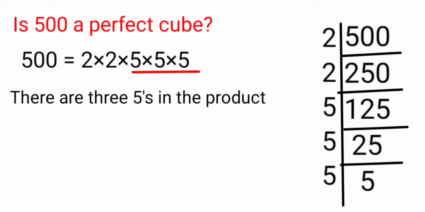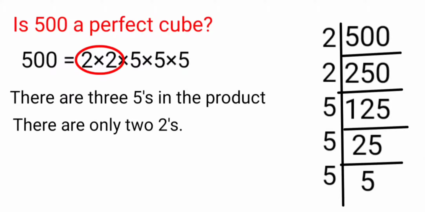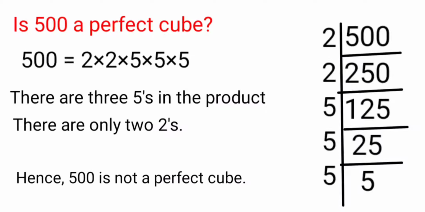There are 3 fives in the product, but there are only 2 twos. So 500 is not a perfect cube. Here 5 is in a triplet, but 2 is not in a group of 3, it is only twice. So 500 is not a perfect cube.